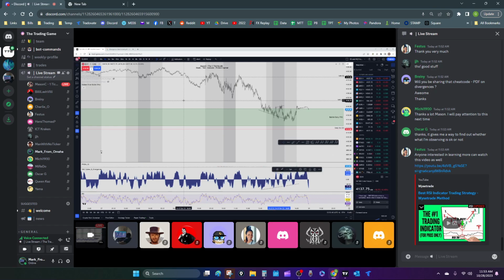I think divergence is the best approach for that. I've tried just trading the straight RSI, and it does tell you stuff, but there's a lot of noise in there too. There are people that do great with it, but it didn't work well for me. But I did notice that the divergence is a sort of extra sauce on the RSI or any kind of oscillator. That part of it I'm really interested in.